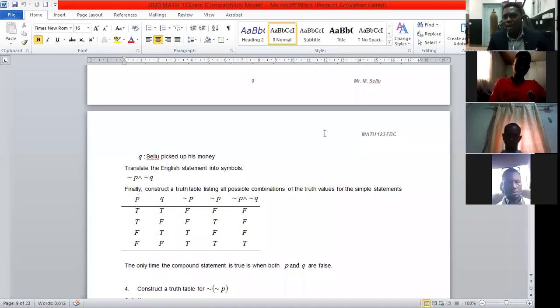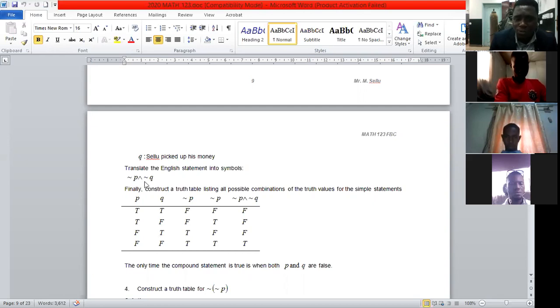So now, how do I construct a truth table for compound statements like this? Remember, I said if you have a compound statement, P and Q, then the truth table will look like this. It is possible that I have true and true, true and false, false and true, and false and false.